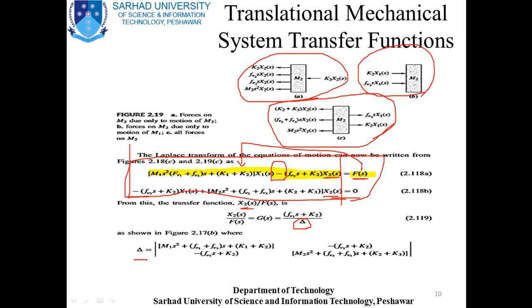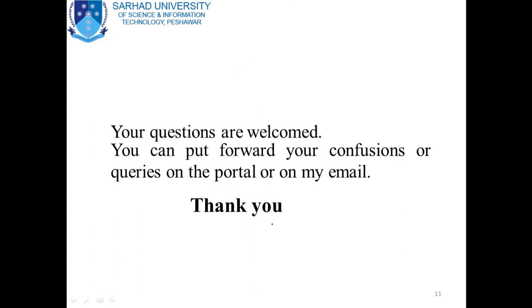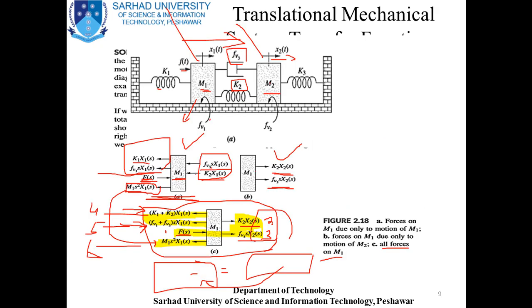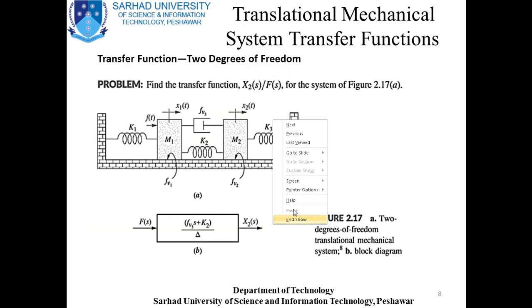So if you have found the delta and you have found X2(s), you can easily divide X2(s) by F(s), and you will easily find the transfer function. In the next slide you can see the transfer function. This is the transfer function.